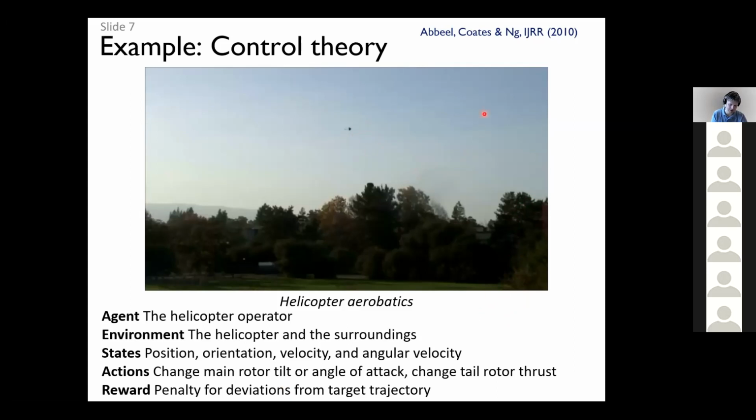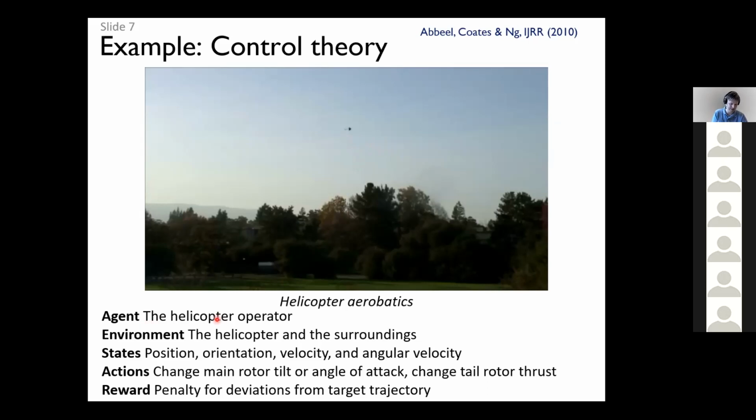But anyway, you can look at this study and look up the YouTube video, and you will see a helicopter making different stunt moves that are quite spectacular and quite hard to do. So you need to be a real expert in driving to be able to do these different moves.